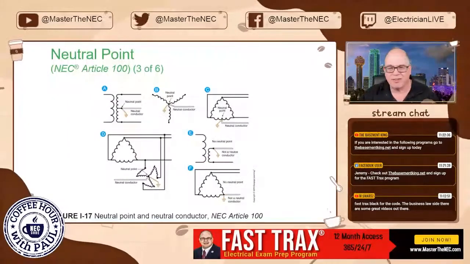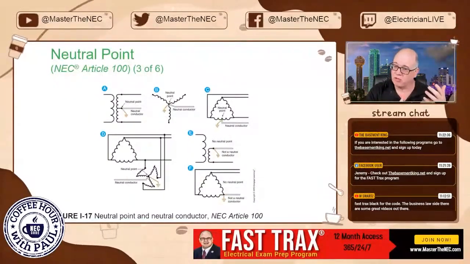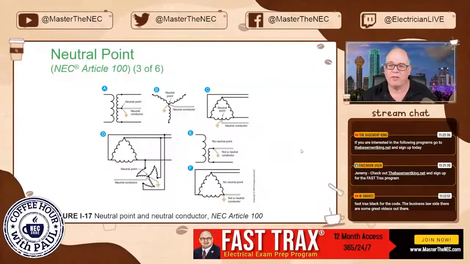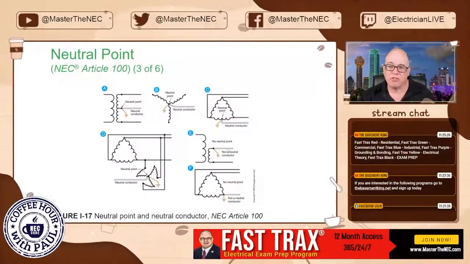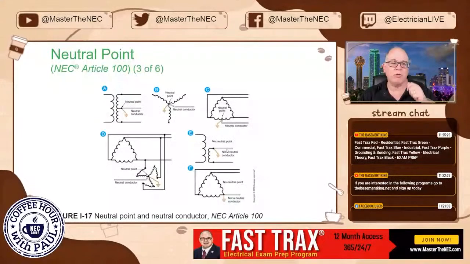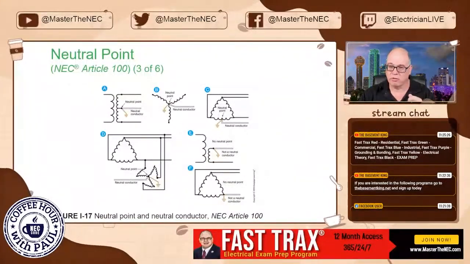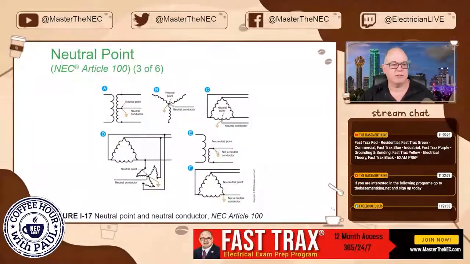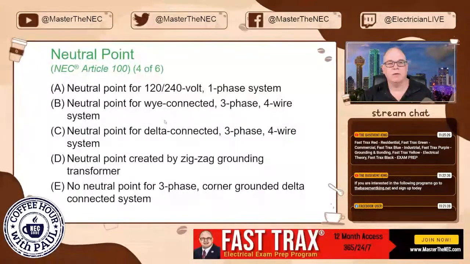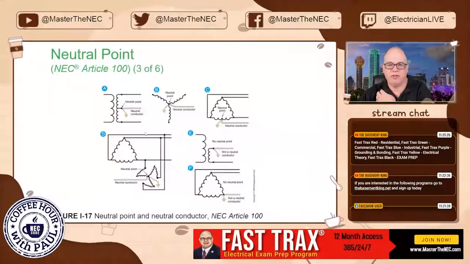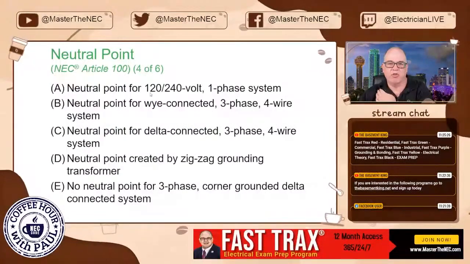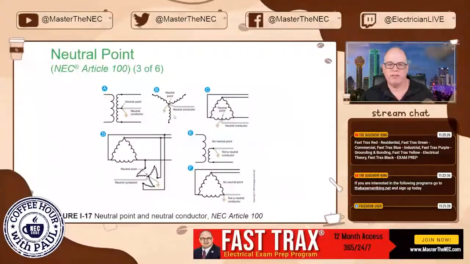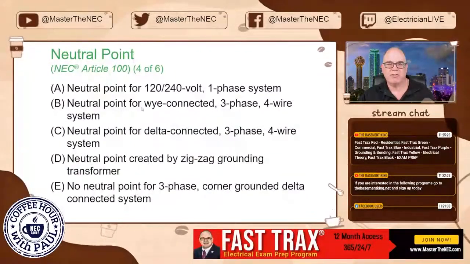So there's a difference between whether something is a neutral, but one distinction is these are still considered grounded conductors. Okay, they are considered grounded conductors. All right, so neutral points: you see here A, that's a neutral point on a 120/240 volt single phase system. There's B, that's the Y connected.